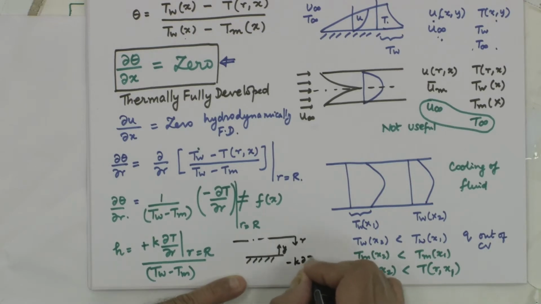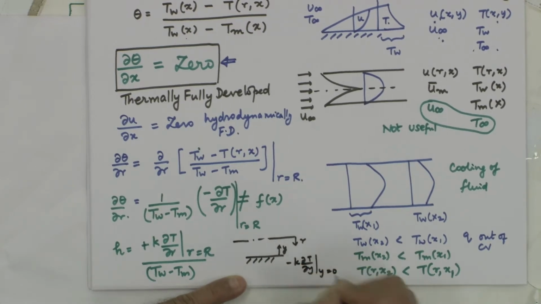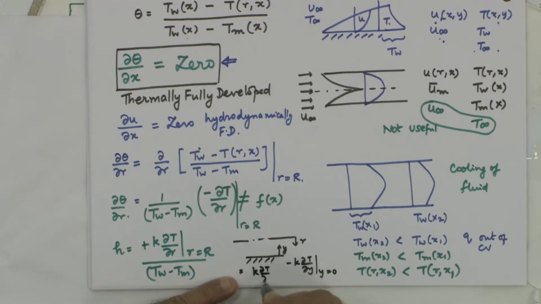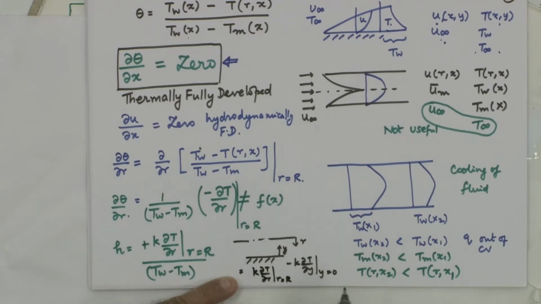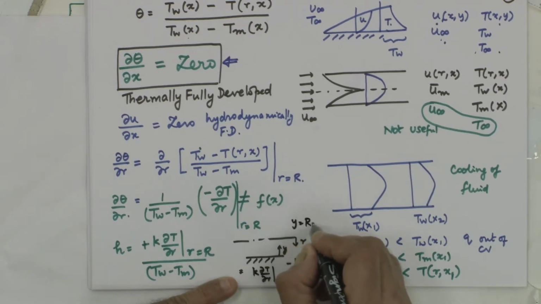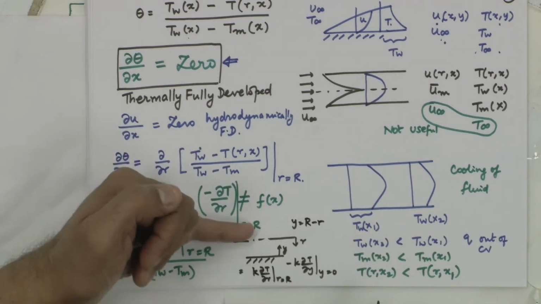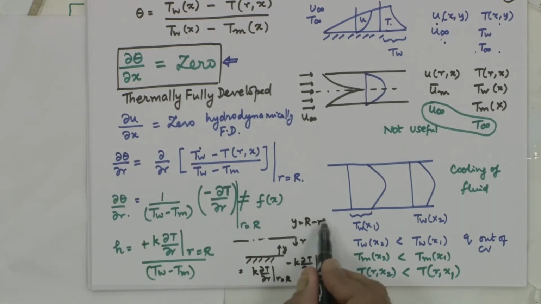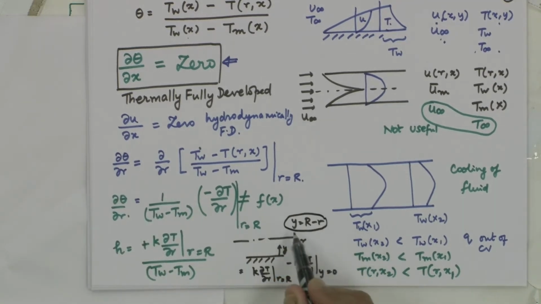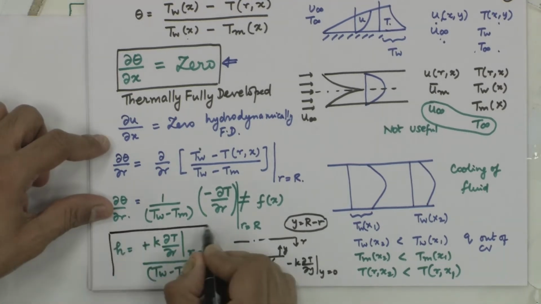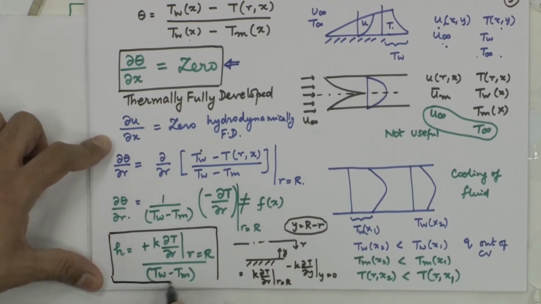Minus k dT by dy at y equal to 0 is equal to k dT by dr at r equal to capital R. Why? Because y is equal to capital R minus small r, y is increasing this way, r is decreasing this way. So, using this transformation, dy is minus dr. I substitute minus dr, and I will get plus k dT by dr evaluated at r equal to capital R. So, this h is what we have in fact carried here.